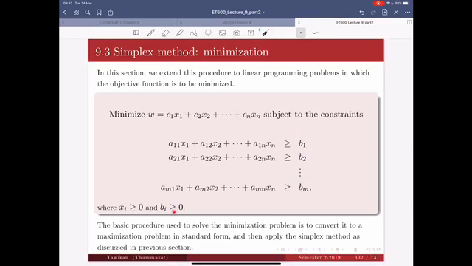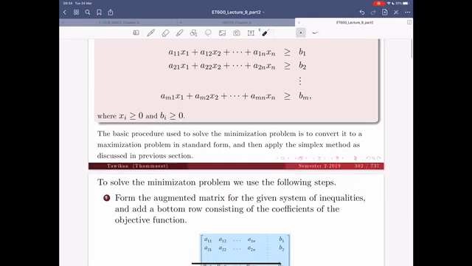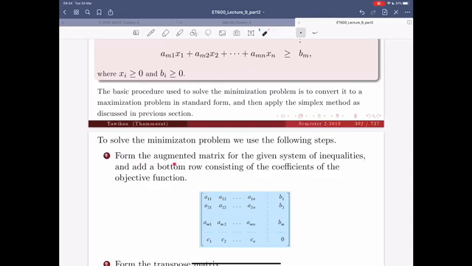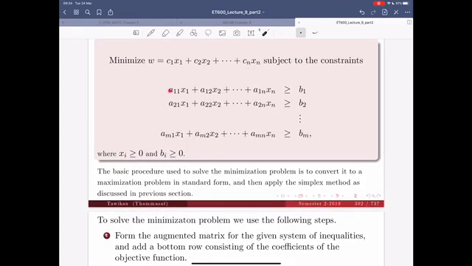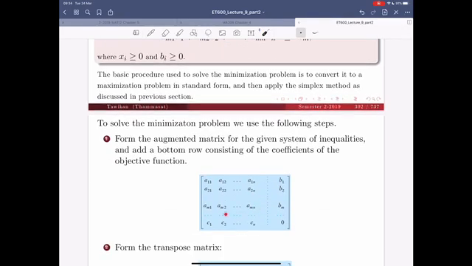The idea of solving a minimization problem by using the simplex method is as follows. We first form the augmented matrix for the given system of inequalities, and then at the bottom row we add the coefficients of each variable of the objective function. Looking back to the problem, those are the constraints. You put all the coefficients of variables in the left part of the augmented matrix.